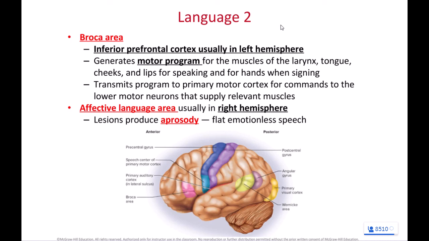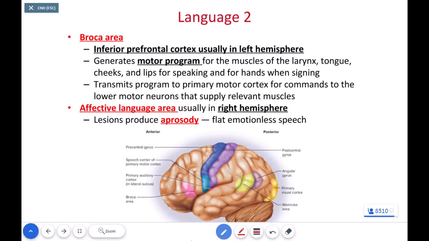So when you move your tongue, when you move your mouth, when you move your lips, and then the inhalation and exhalation associated with activating your vocal cords, all of these motor movements need to be coordinated, and they're coordinated in a region of the brain that's in bright pink right here, Broca's area of the brain.